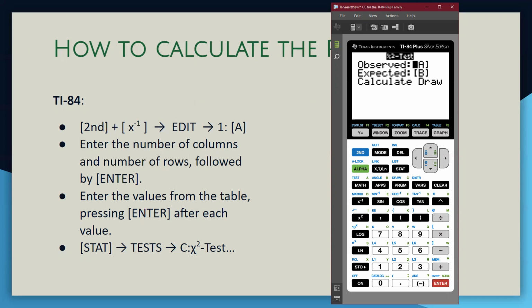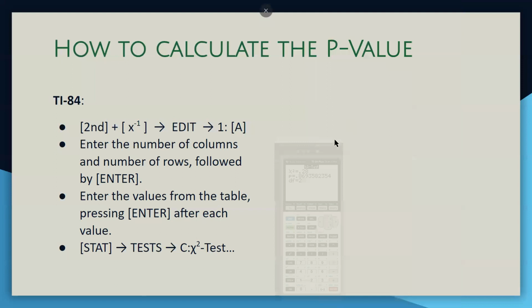You only need to enter observed. The calculator is going to put the expected in that second matrix on its own. So as long as we put something in A, we're good to go. We press calculate and it spits out a p-value for us. So hopefully not too scary.